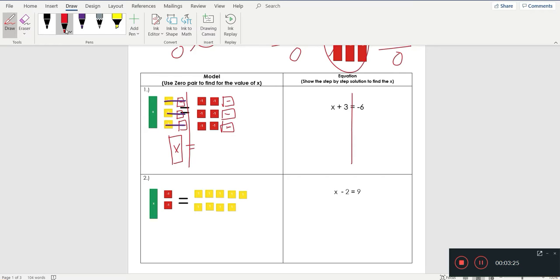Here we added negative 3, another here is negative 3. So you have x, and you have negative 6 minus 3 is equal to negative 9. As you can see, there's no zero pair here, so what you're going to do is just add all the negative integers, which equals negative 9.